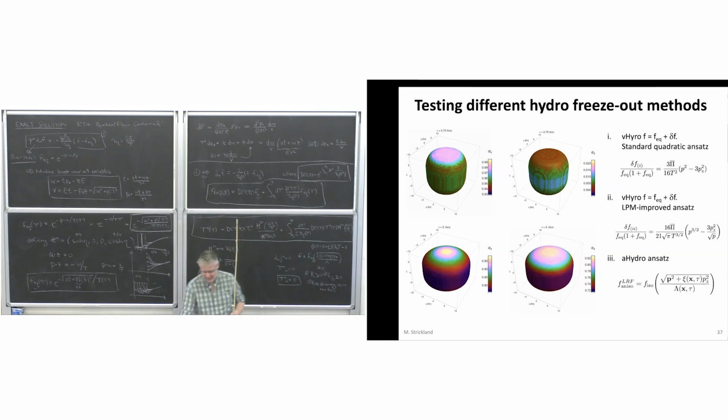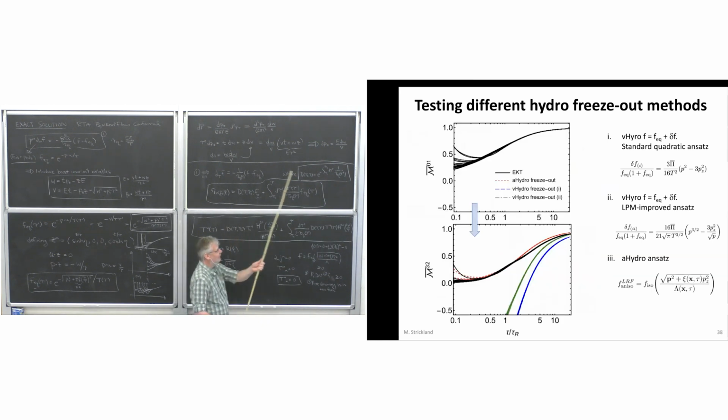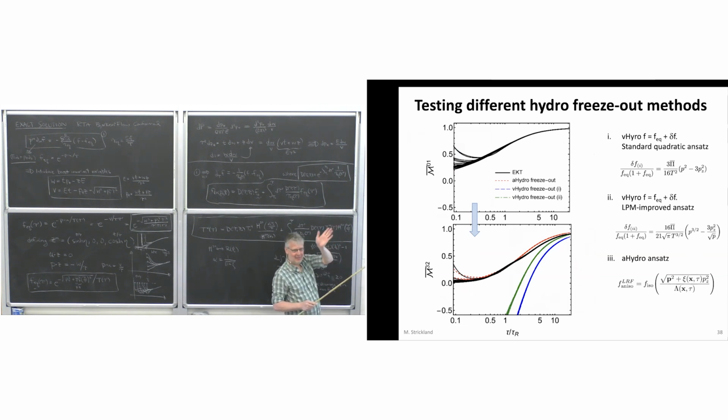Well, I liked the answer. If you take these three ansatzes and fix them so that on the freeze out hypersurface, where we're now freezing out at different proper times, which correspond in Bjorken also to different temperatures, all theories have the exact transverse and longitudinal pressure that they're supposed to have.